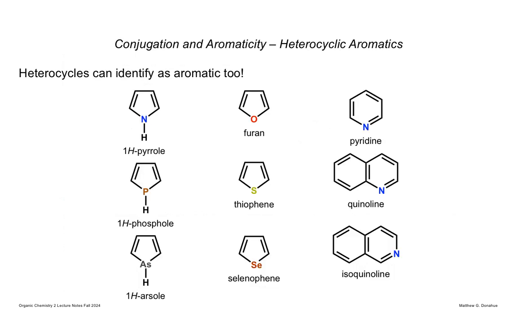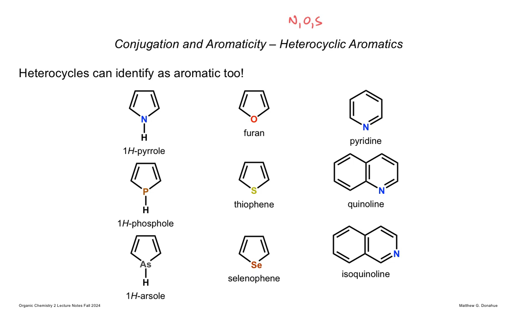Those were hydrocarbon aromatic compounds. You can put a heteroatom into the ring, and that makes heterocycles. Again, the heteroatom is nitrogen, oxygen, sulfur. So heterocyclic aromatics.